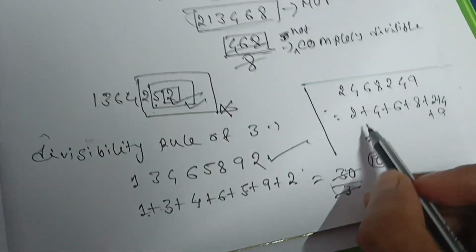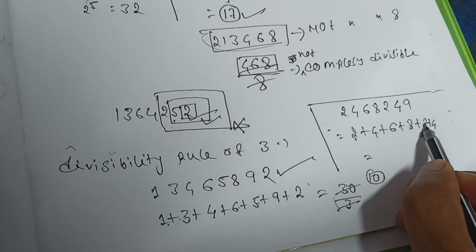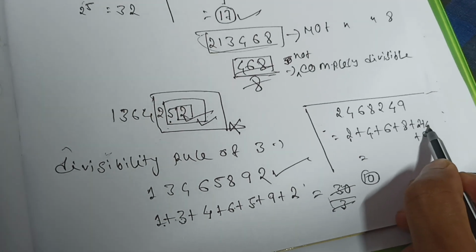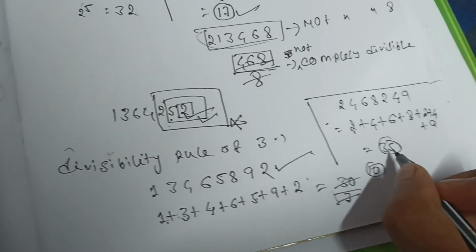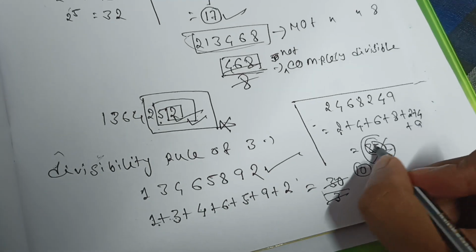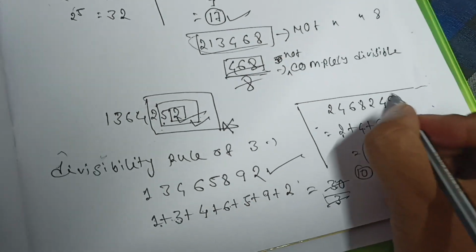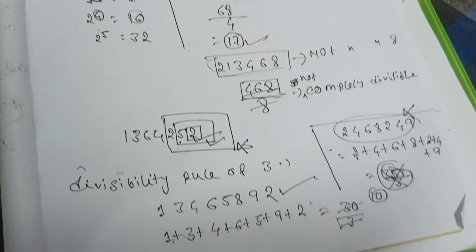So what will we get? 2 plus 4 is 6, 6 plus 6 is 12, 12 plus 8 is 20, 22, 26, 35. But 35 is not divisible by 3, right? 35 is not divisible by 3, so the whole number is not divisible by 3. Okay, very simple. So the divisibility rule of 9 is the same as this.